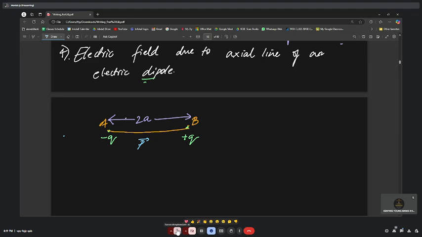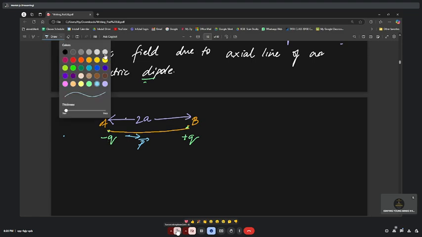So it is from negative towards positive. We call this the dipole moment. It is in this particular direction, not from positive to negative. This is the dipole moment that you will have to know.